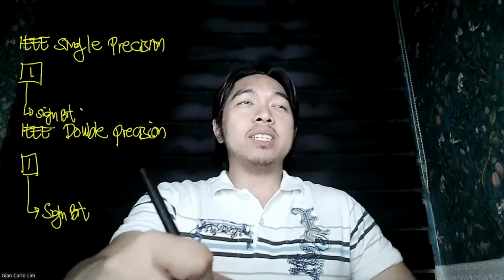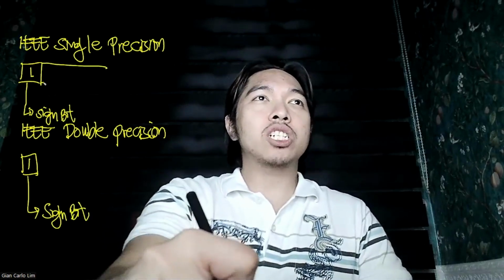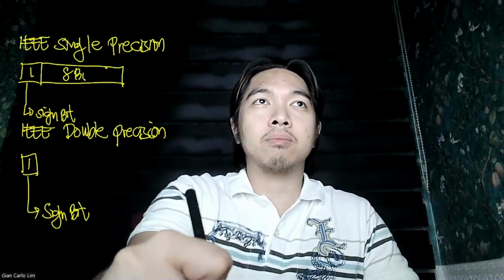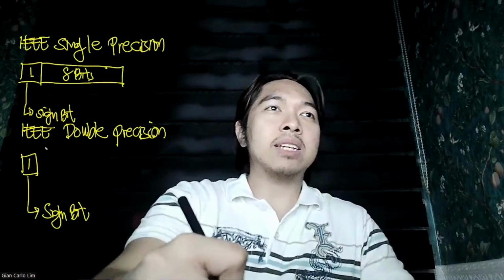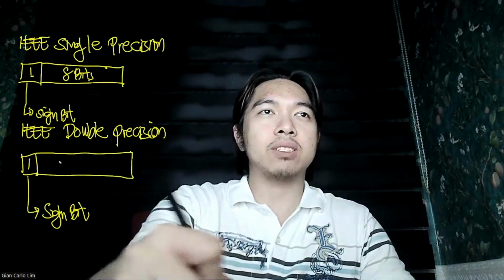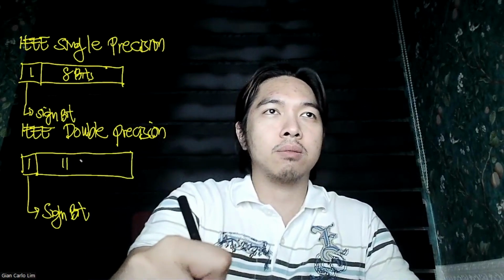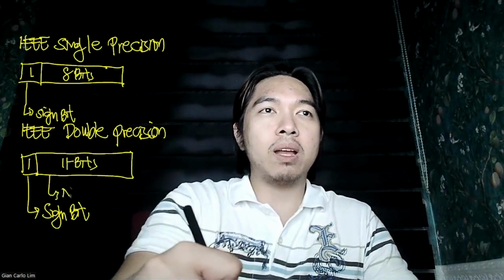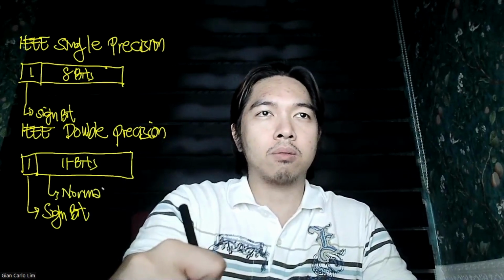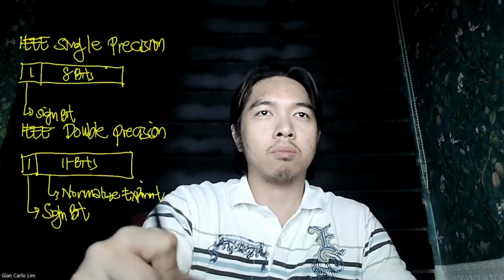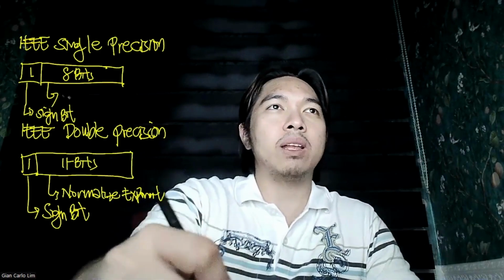Si IEEE single precision, meron siyang ilang bits ito? Meron itong 8 bits. Whereas IEEE double precision, we have here 11 bits. Ito yung normalized exponent. Same with this one, this is the normalized exponent.